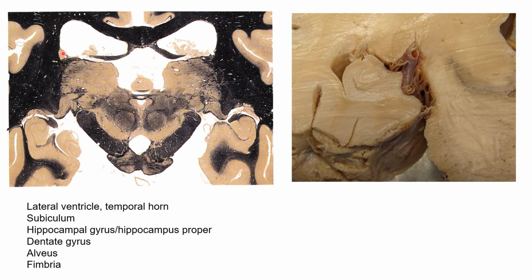And so what we already know is that our caudate nucleus does the same thing. Our caudate goes back and then comes around, and actually the tail of the caudate becomes the roof of the temporal horn. But now what we're learning that's new is that the hippocampus is becoming the floor of the temporal horn of the lateral ventricle.